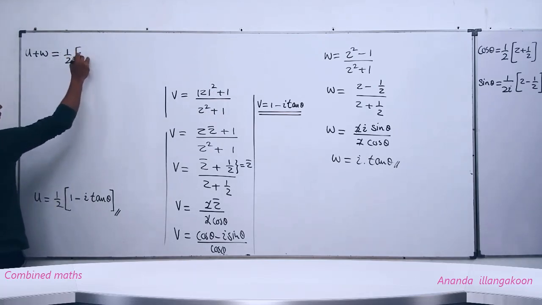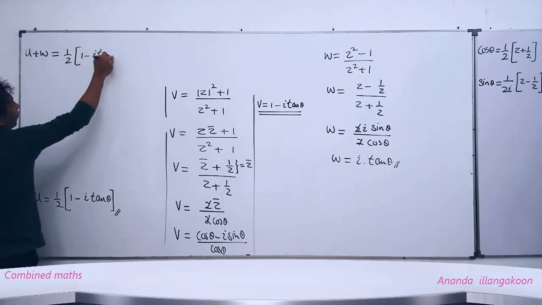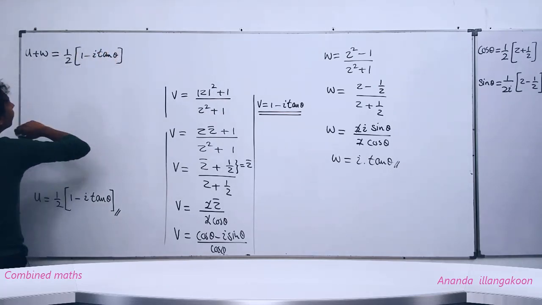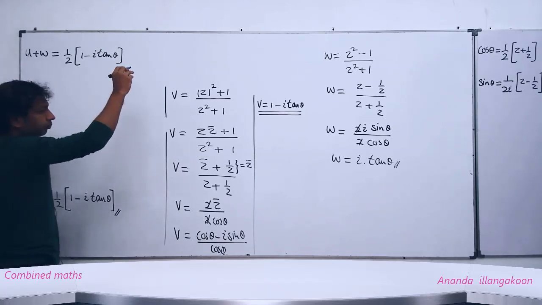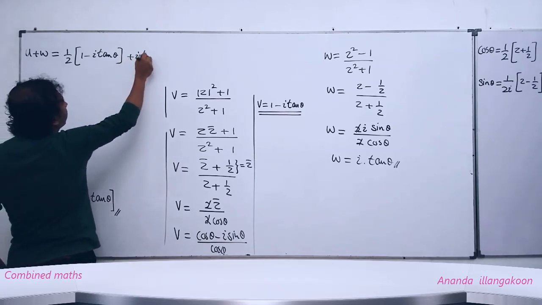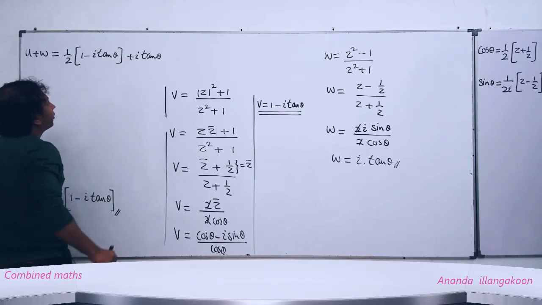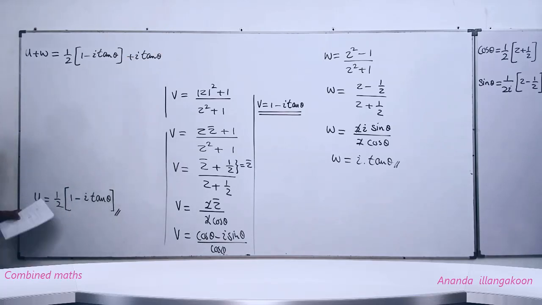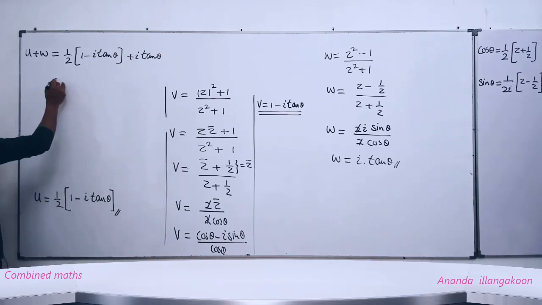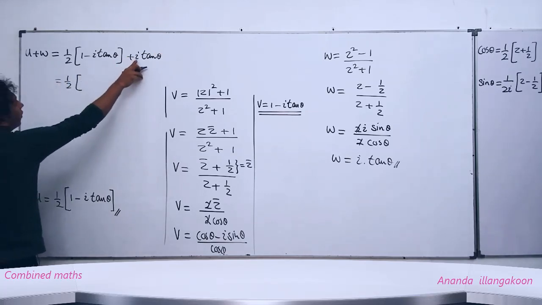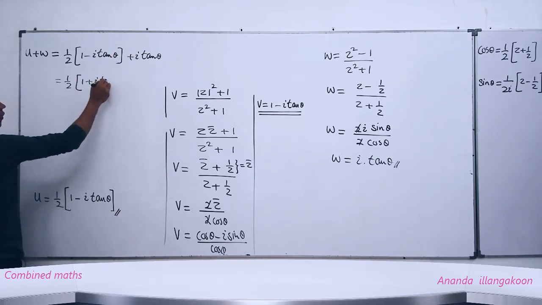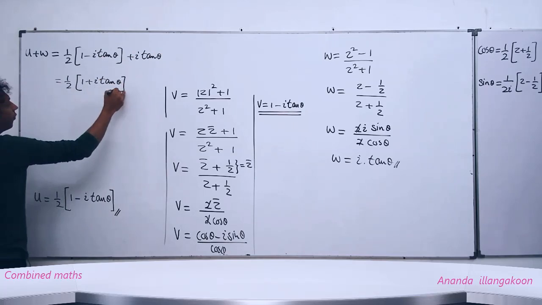Half (1 minus i tan theta) plus W, i tan theta. Then once you simplify this, we get half (1 + i tan theta) is the U + W.